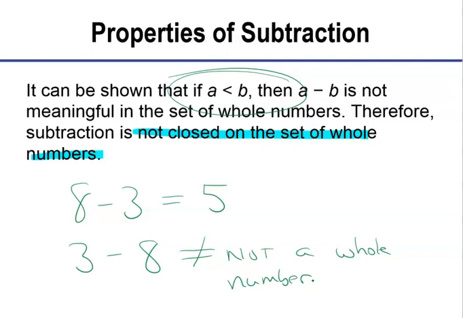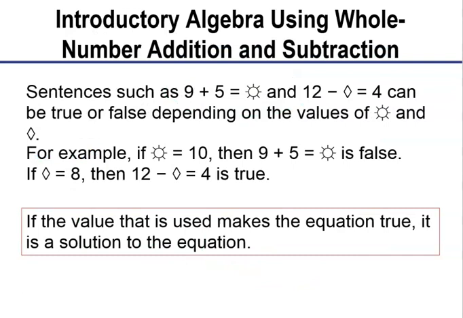You have to have A greater than or equal to B to be able to perform subtraction within the whole number system. Now early on we want to get our students used to thinking algebraically, even if we don't use variables to denote missing values. But if you have 9 plus 5 equals something here, and 12 minus something equals 4, it can be true or false depending on the missing value.